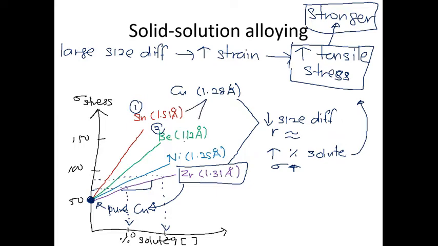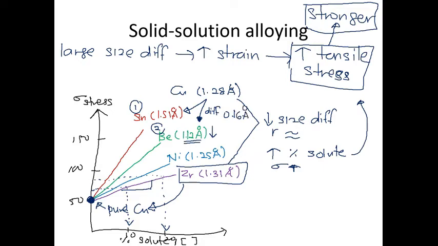Even though beryllium has smaller atoms than copper, the thing we have to look into here is the difference value, not this smaller value. The difference value between beryllium and copper is 0.16 Angstrom.